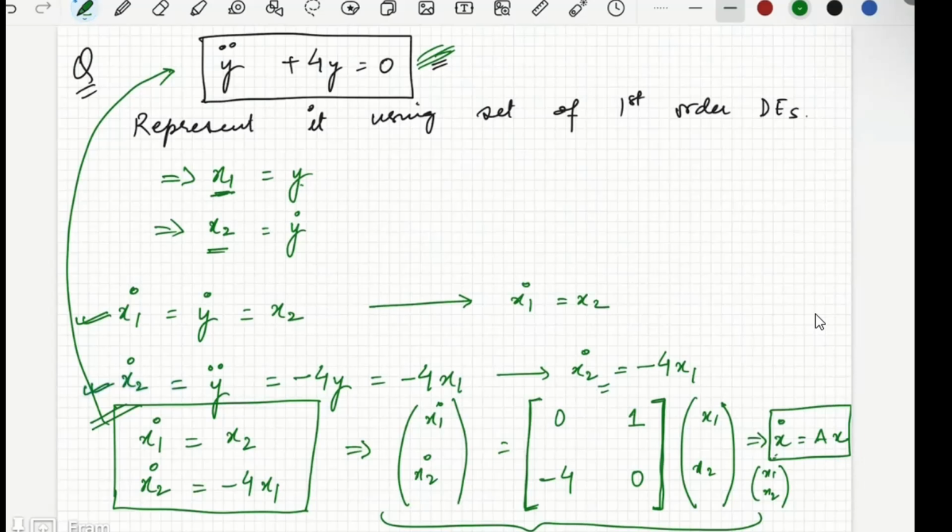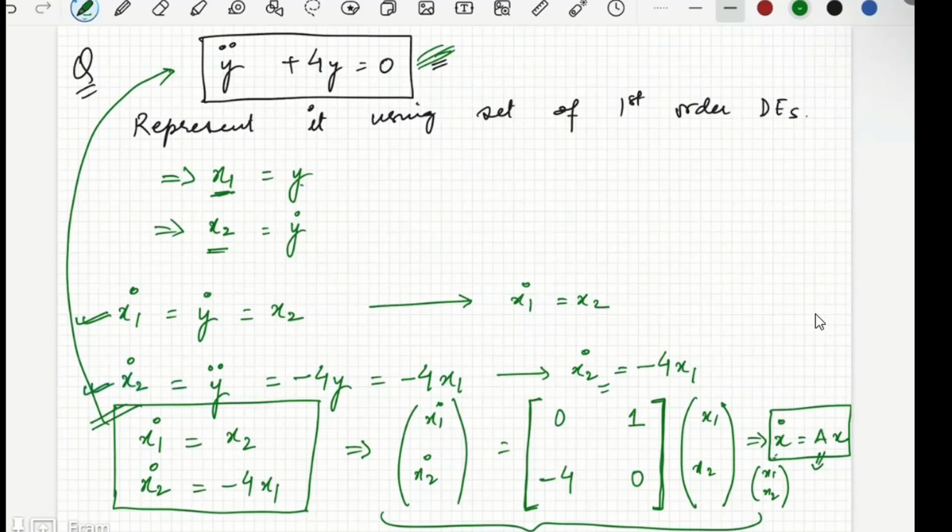So x dot equals to Ax requires us to transform a differential equation into a set of first order differential equations. Now in this case our A is a constant matrix. It is 0, 1, minus 4, 0.